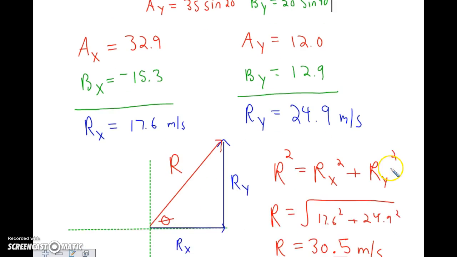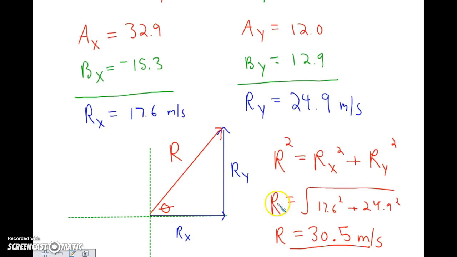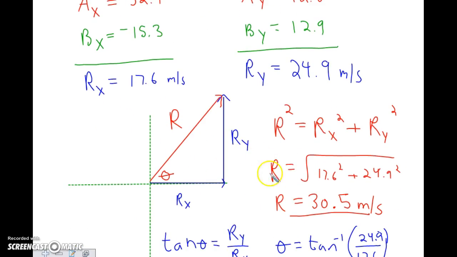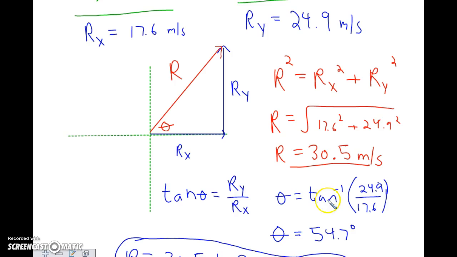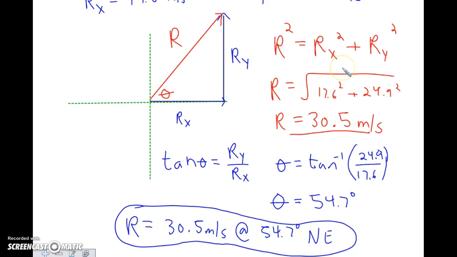At that point, once we have the Rx and Ry, we will draw a diagram to figure out where approximately this is on an XY coordinate system, a head-to-tail diagram with my two x and y components. After I draw that, I am able to draw in the resultant from where the first one started to where the last one ended. And from there, simple Pythagorean theorem and some SOHCAHTOA to find the magnitude and direction in my final answer.